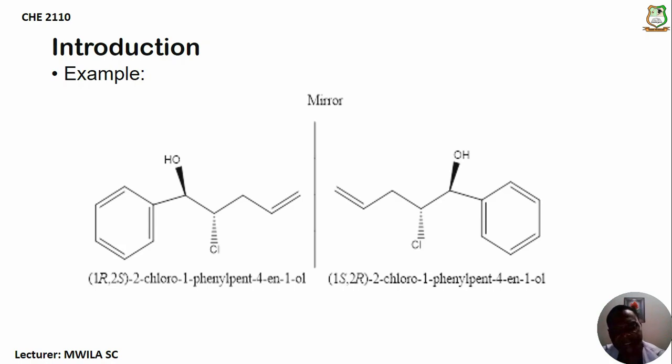We can see that these have the same atom connectivity, same molecular formula, but they are just different in the way the atoms are arranged in space, the spatial arrangement or orientation of atoms in space. So that's why we are appreciating this geometry, the tetrahedral geometry of carbon.